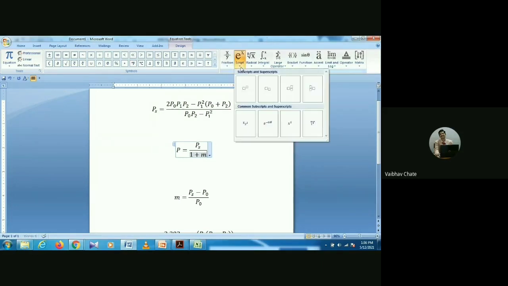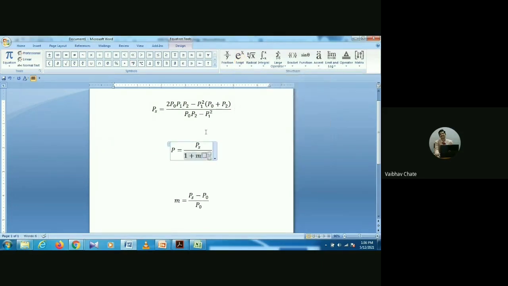I need to use subscript, superscript, everything. So log to the base e, in the numerator I want the inverse of, I need to have the bracket here, n times t.